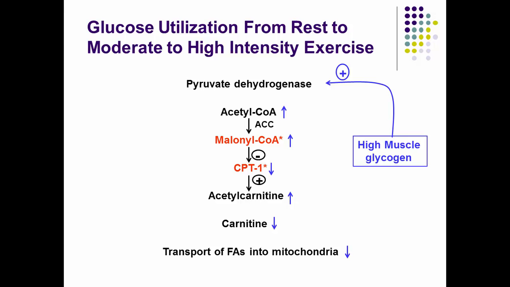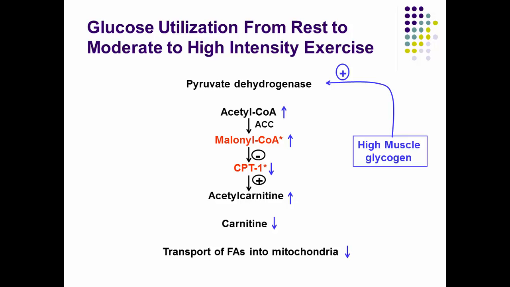And in the opposite condition, if we have enough or higher muscle glycogen stored, then the pyruvate dehydrogenase will be stimulated, and will allow the glucose to be oxidized further to acetyl-CoA. So acetyl-CoA levels will be increased. That will lead to more malonyl-CoA being produced.